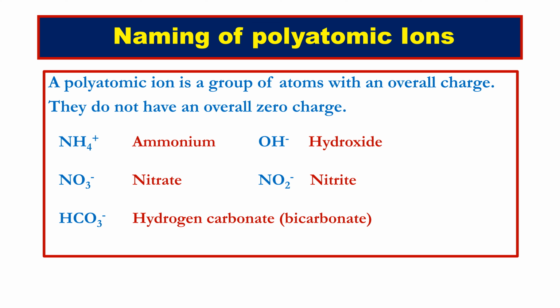Let's have a look at these examples. NH4+ is ammonium, NO3- is nitrate, HCO3- is hydrogen carbonate or bicarbonate. OH- is hydroxide, NO2- is nitrite.